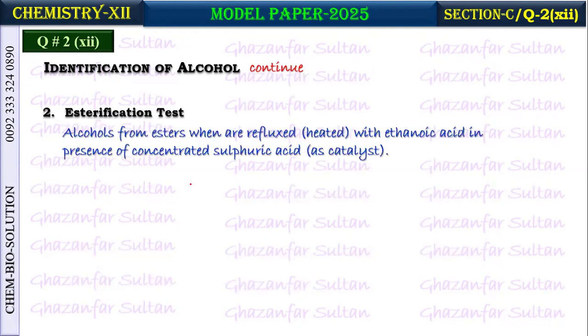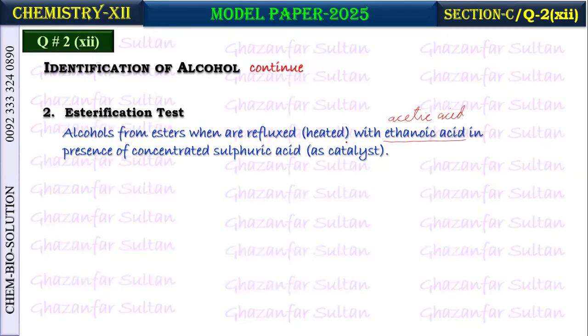Next is the esterification test. In esterification, alcohol is treated with any carboxylic acid, and the most available carboxylic acid is ethanoic acid, also known as acetic acid. It is the most available compound, and comparatively cheap compared to other carboxylic acids.